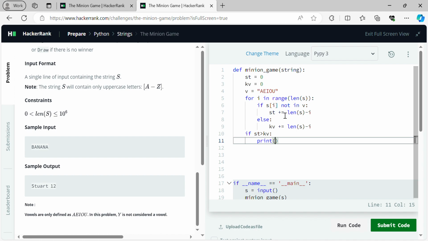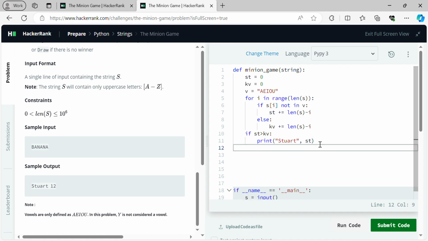If st greater than kv, I will write as required, Stuart, and they maintain some space, so I will maintain space, and I will give st. Here st is the score, the number of substrings they were able to make. So first I am initializing st, and I am giving st as the score first.